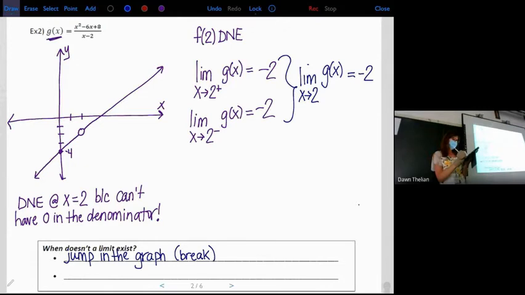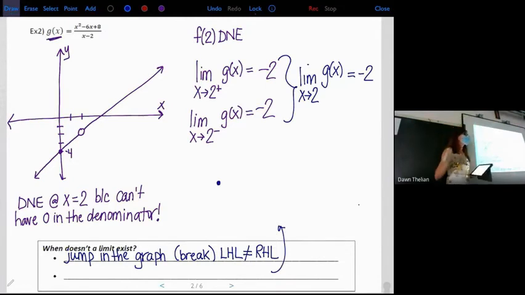So I'm going to abbreviate left-hand limit as LHL, not equal to right-hand limit, RHL. My second little dot here is kind of off the screen, so I'm just going to write mine up here so those of you in class can see it.